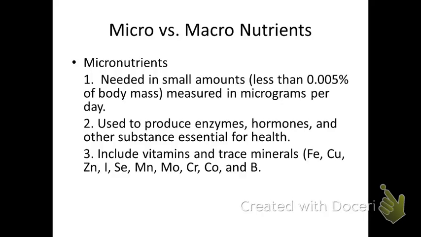Okay, so first of all, we're going to look at both micro and macronutrients and the different types of macronutrients and micronutrients that the body needs in order to properly function. Now, this section in the biochemistry unit is pretty straightforward.